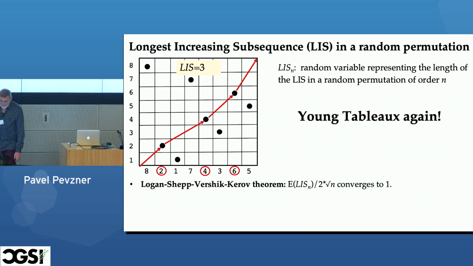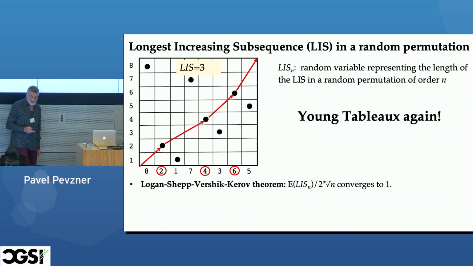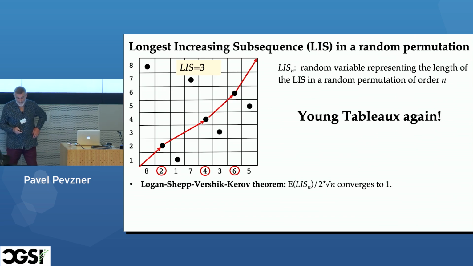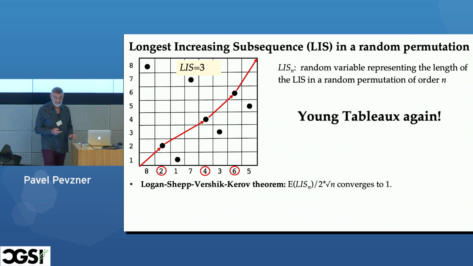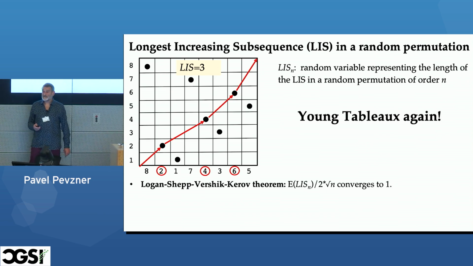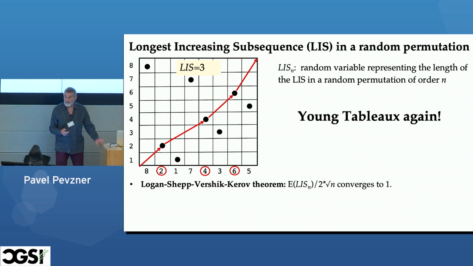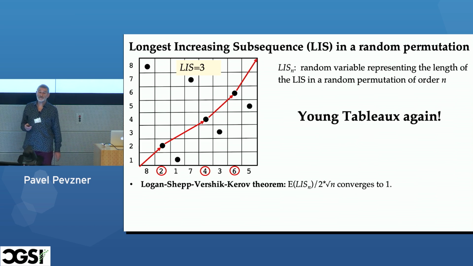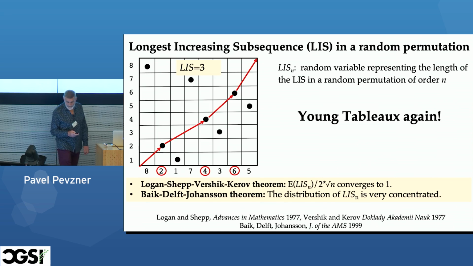It was answered maybe 30, 40 years ago. This is the famous Logan-Shepp-Vershik-Kerov theorem, a very deep result based on Young tableaux. The length of the longest increasing subsequence in a random permutation is roughly 2 square root of n.